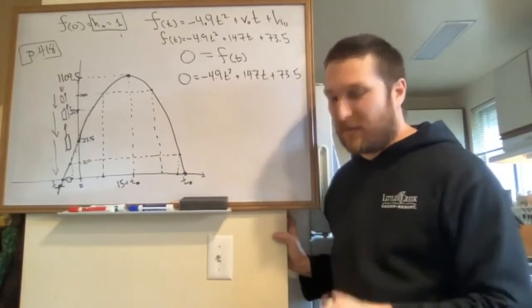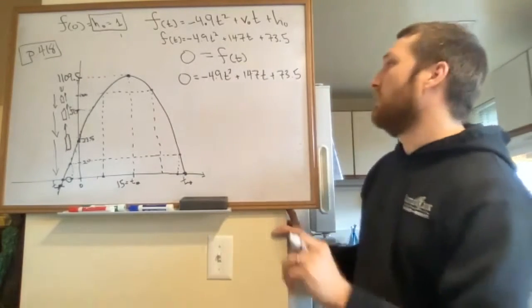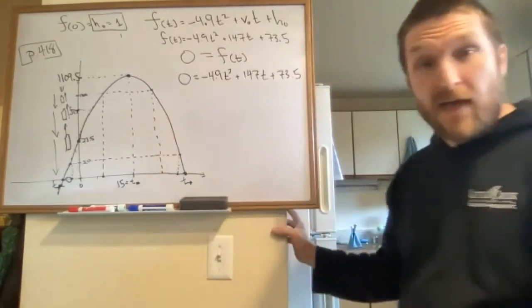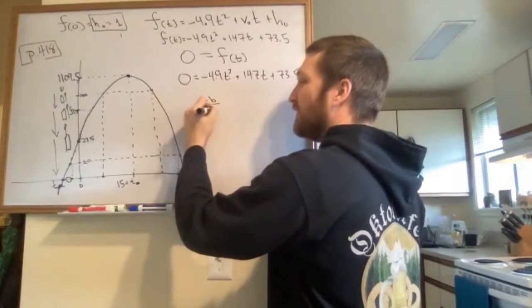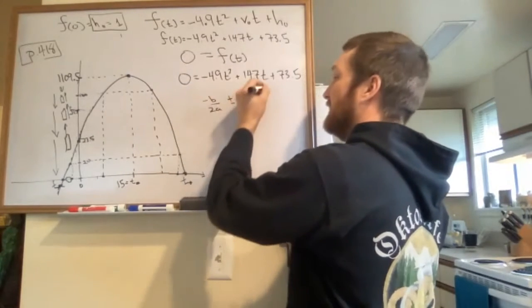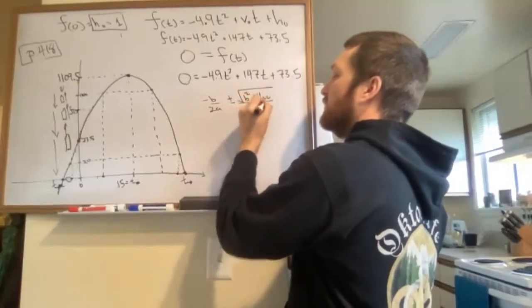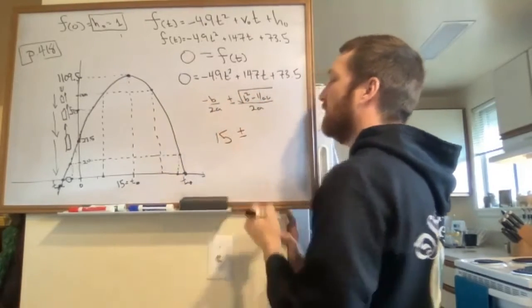So let's just use our best friend, the quadratic formula. So, x equals negative b over 2a. Oh, hey, we already did that. We already know that negative b over 2a is 15. That's nice, that'll help us. Plus or minus the square root of b squared minus 4ac, all over 2a. This will be a positive 15 plus or minus.